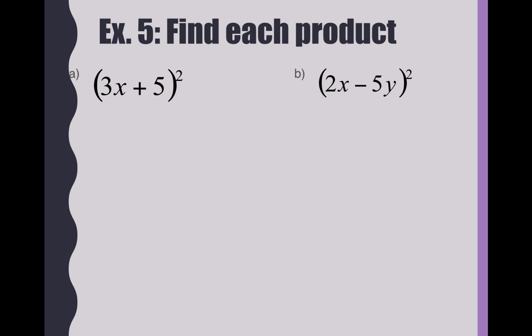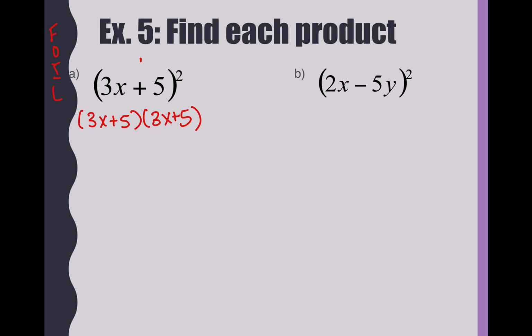So 3x plus 5 squared really means 3x plus 5 times 3x plus 5. Now again, we can FOIL this to get our answer. Now I'm going to write out this answer a little bit differently than before. You'll see why at the end.